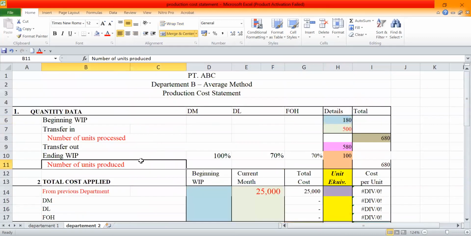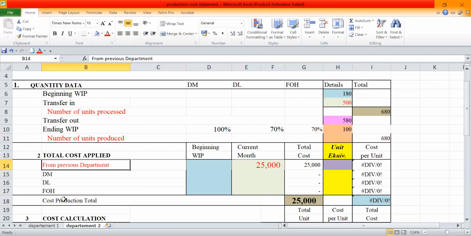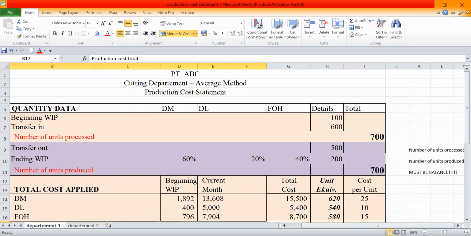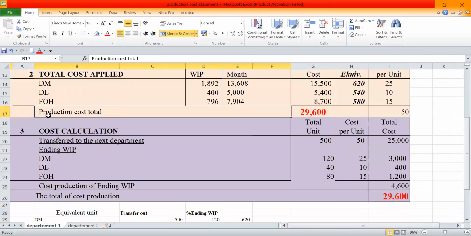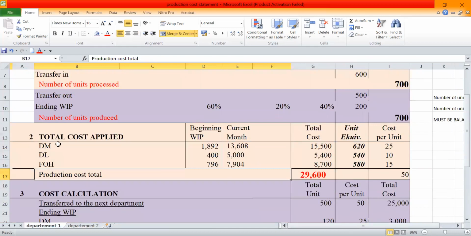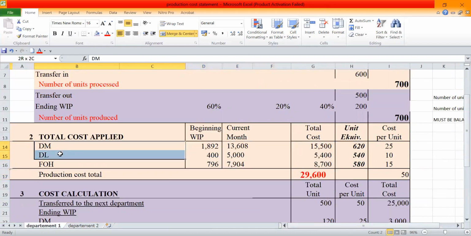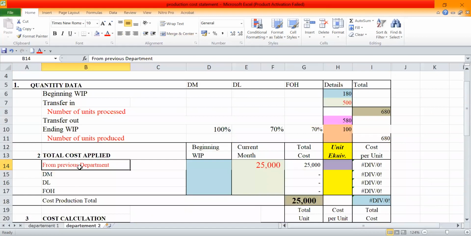Now, as you can see, this differs from department 1 for the second part. In the first department, we just wrote down the direct material, direct labor, and factory overhead. But now in the second department, this is the second difference: the first line is the total cost applied from the previous department.